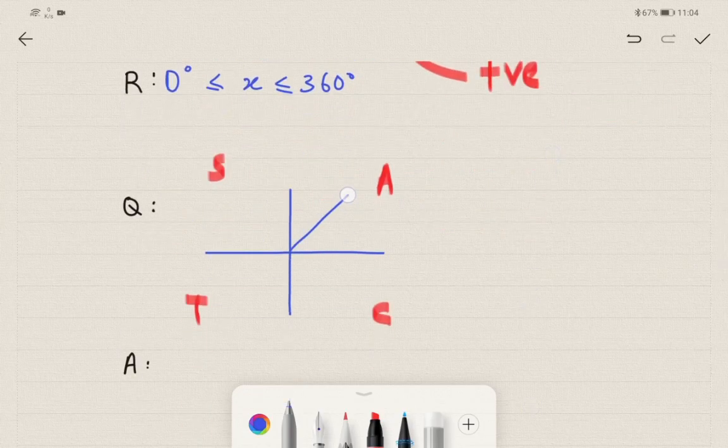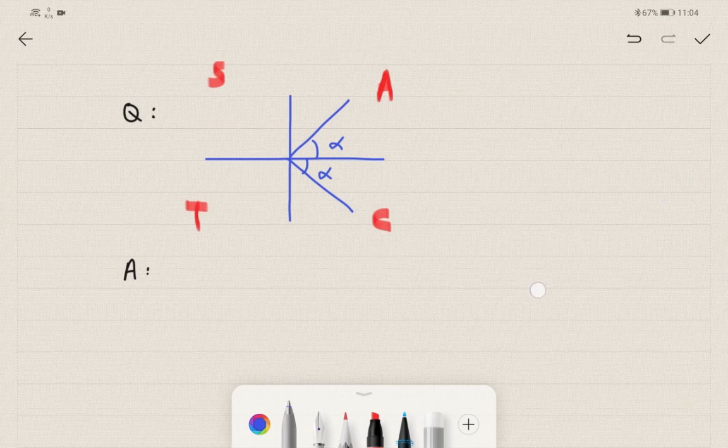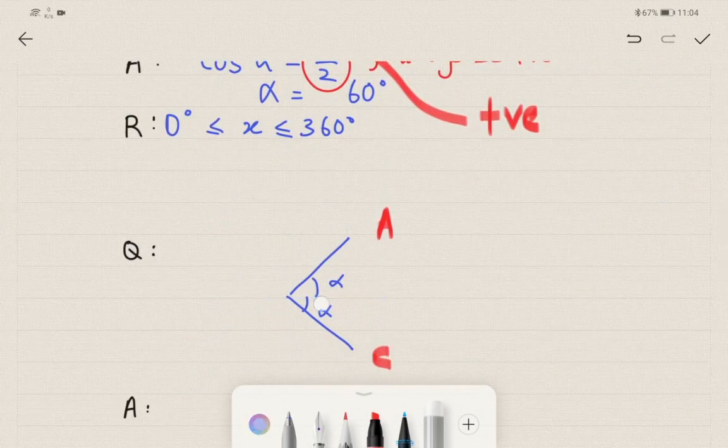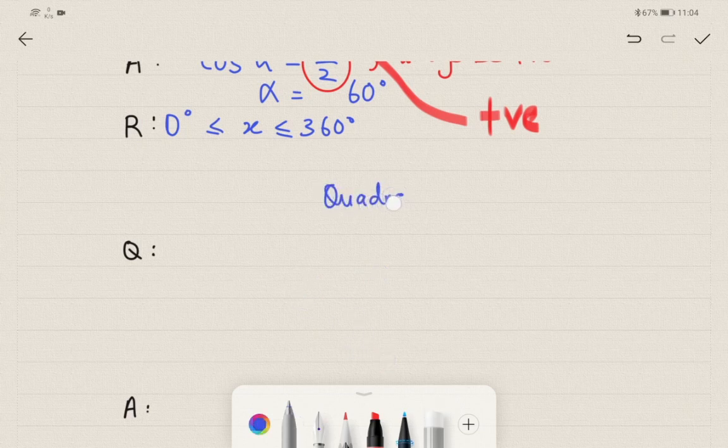Positive. So alpha should be here, and the fourth quadrant, here. And after that, find your answer, correct? So how do we draw? We already know it will be at quadrant, how many? Quadrant 1 and 4.